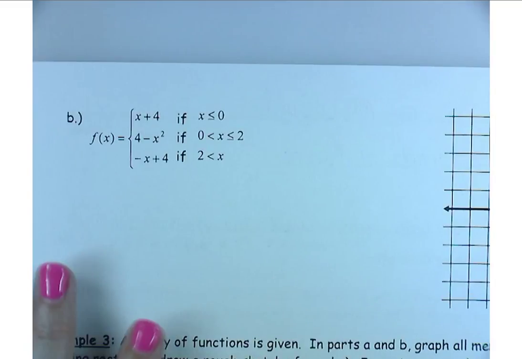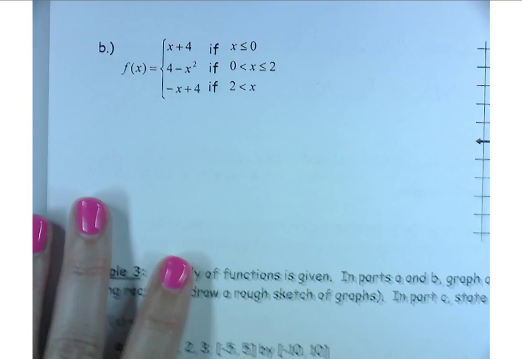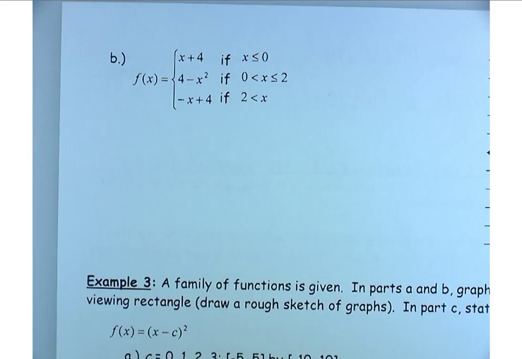All right, so for part B, you have 3 different equations. Real quick, I want you to go ahead and label what those are named, and then see if you can draw just a little sketch next to it.